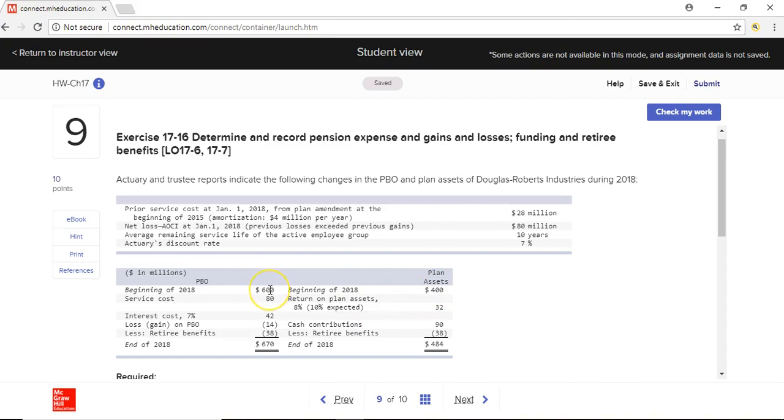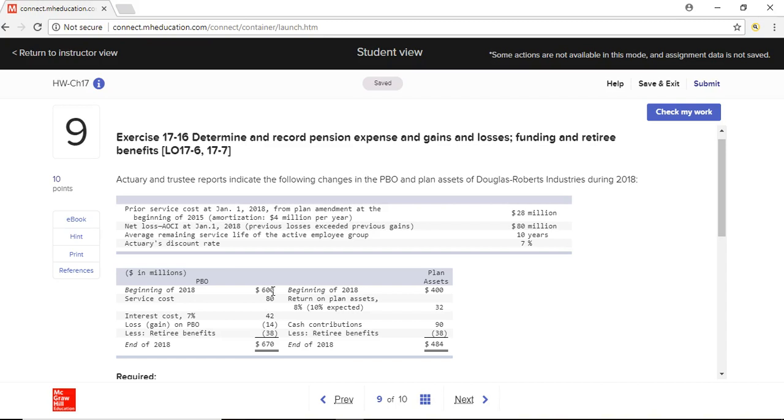So 10% of PBO is 60, 10% of plan assets is 40. The higher of these two is 10% of PBO, 60. So net loss at the beginning of the year, 80 million minus 60, we only need to amortize $20 million for 2018.